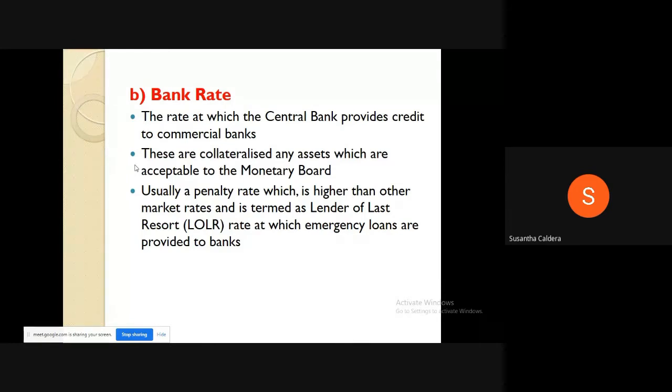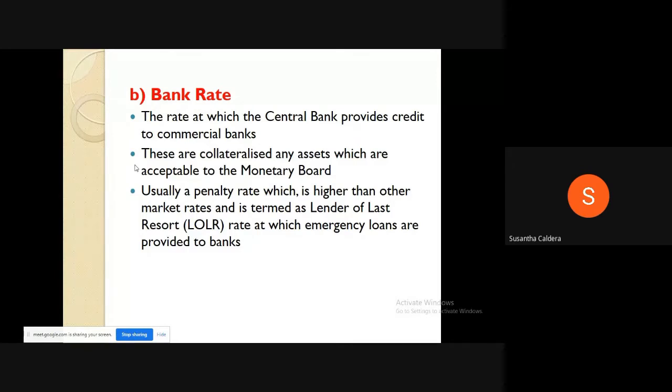That gives an indication, an indicative rate for the other banks to follow. Others know they can't go beyond that; if they go beyond that, it is much cheaper to go to the central bank and get the money. So that is the highest one.